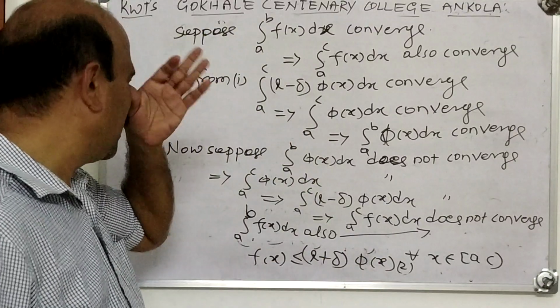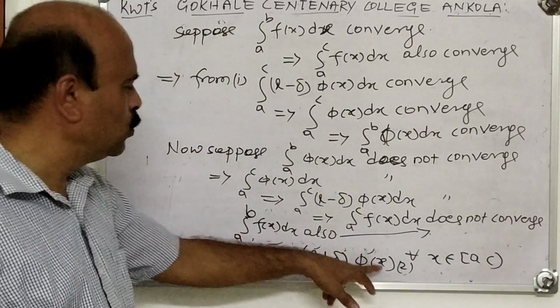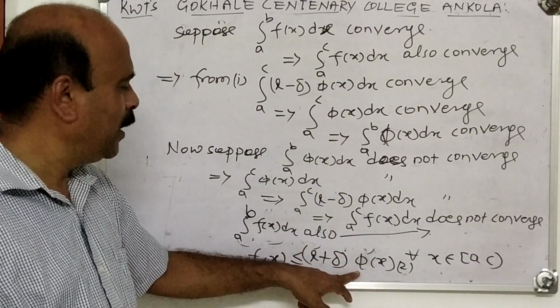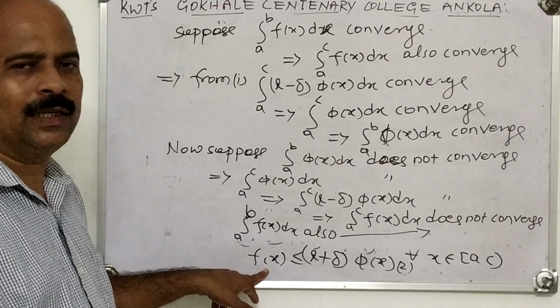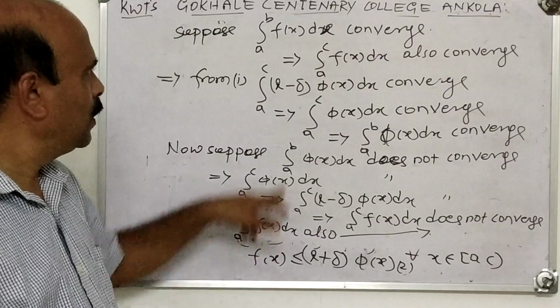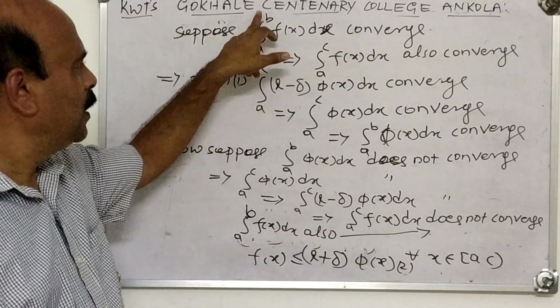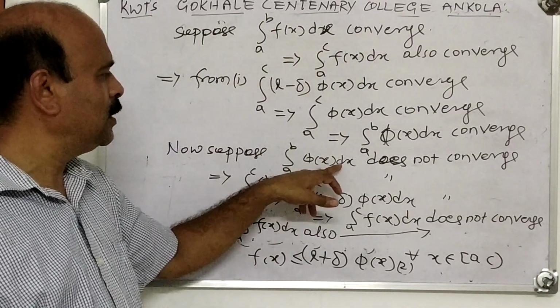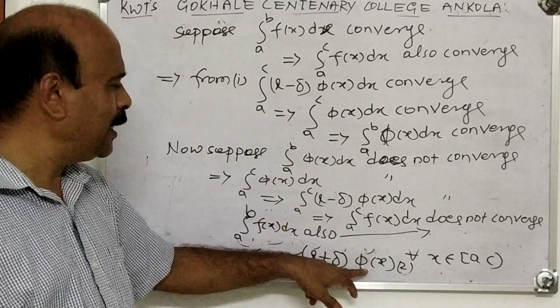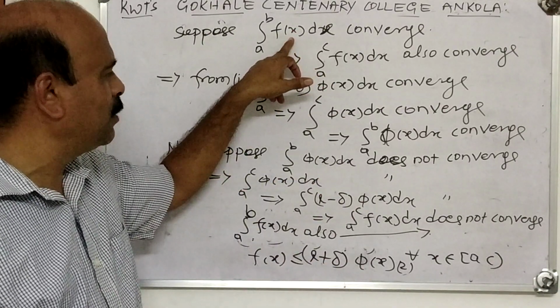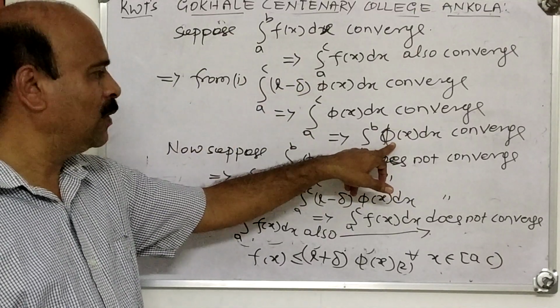Now similarly from 2 we can prove that if a to b pi x dx converge, then a to b fx dx converge. From 1 what we have proved? A to b fx dx converge implies a to b pi x dx converge. From 2 we prove that a to b pi x dx converge implies a to b fx dx converge.